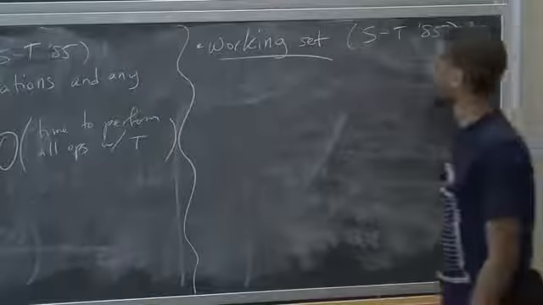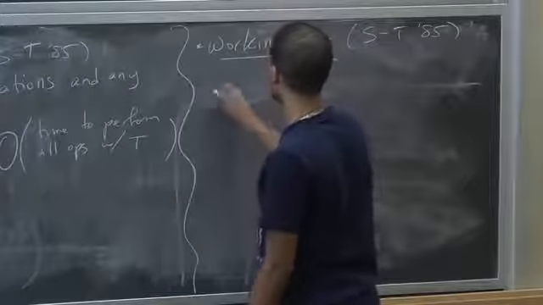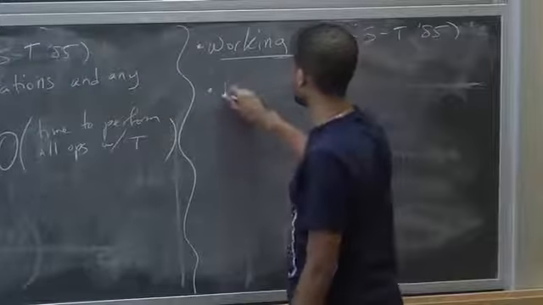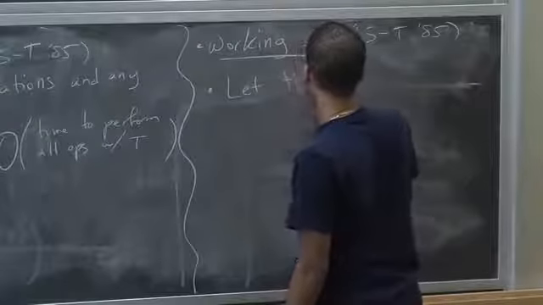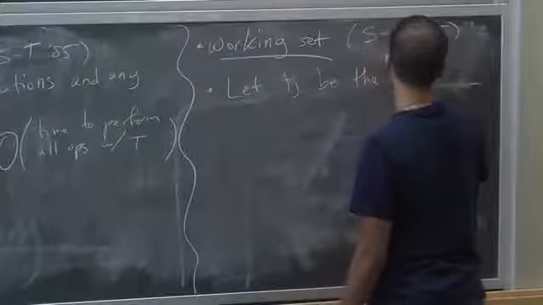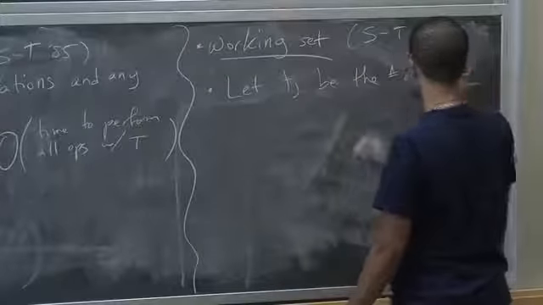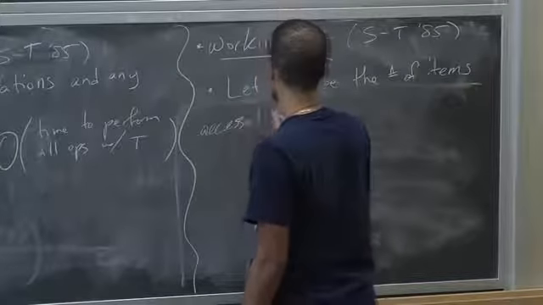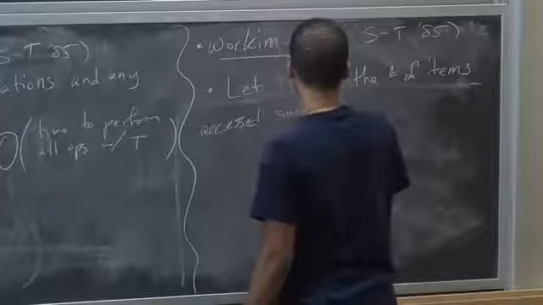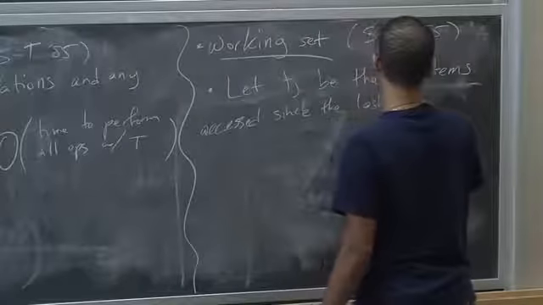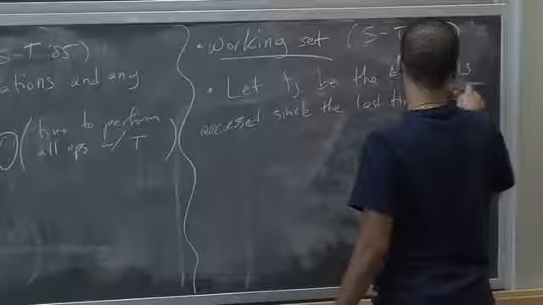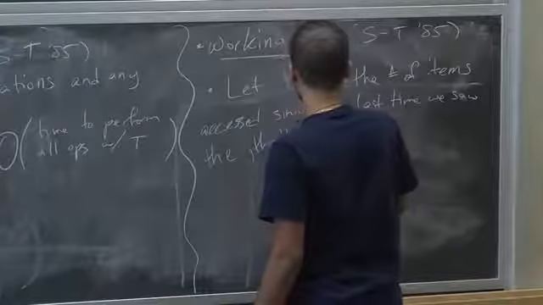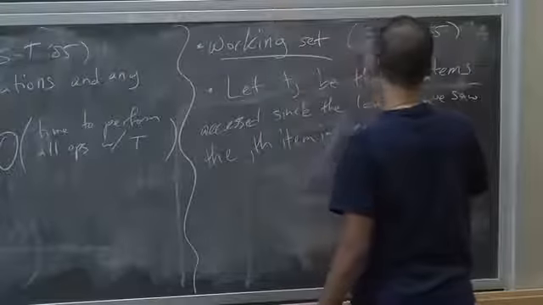Okay. So I need to give you one piece of notation, one definition. Let tj be the number of items accessed since the last time we saw the jth item in the sequence of operations.